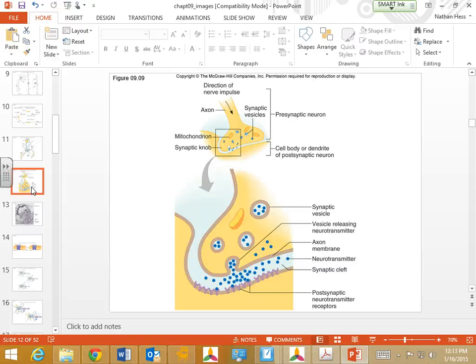Signals come from the brain down the axon and reach that synaptic knob, that ending part of the axon, causing those synaptic vesicles to release that neurotransmitter, right? The neurotransmitter crosses the synaptic cleft and reaches those little receptors on the other side, the postsynaptic neurotransmitter receptors.